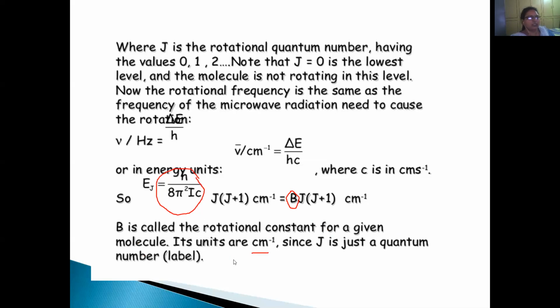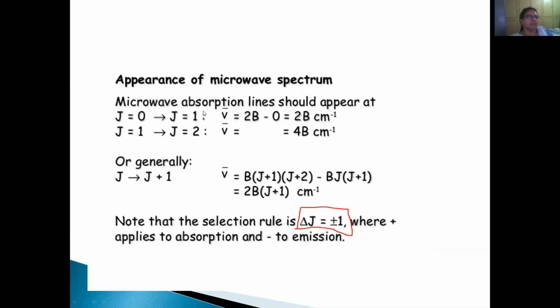Then, the appearance of the microwave spectrum. If J is equal to 0 and the molecule goes from J=0 to J=1, what will be its wave number? That is 2B minus 0, which gives 2B per centimeter.